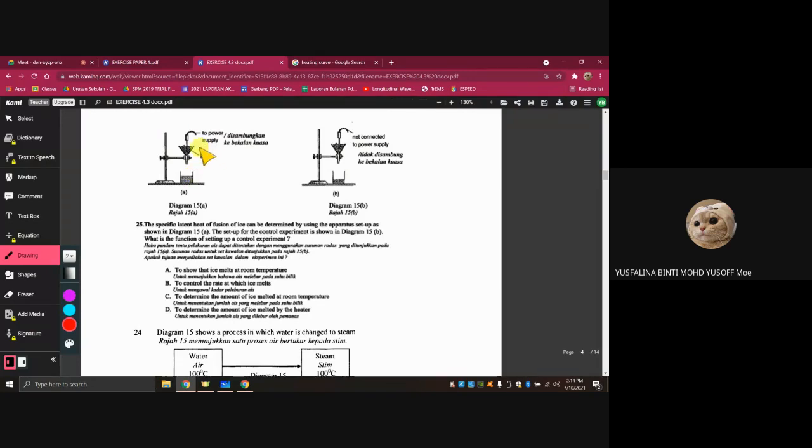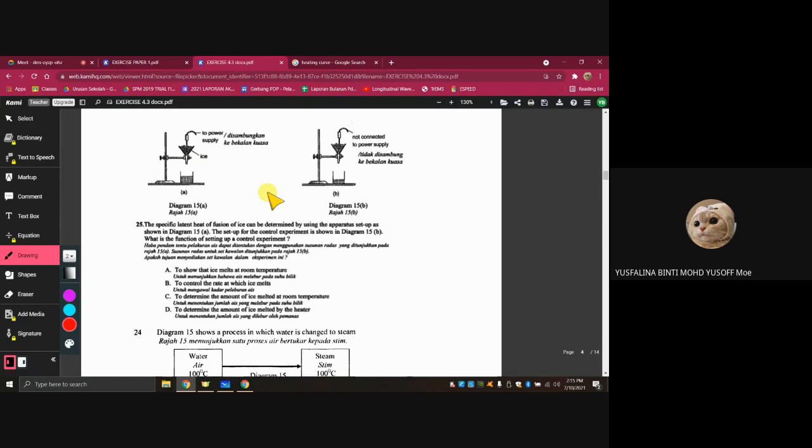The first comes from the surrounding, and the second comes from the energy being supplied by the power supply. You want the energy supplied by the power supply only. So that's why you need another setup that is not connected to the power supply.